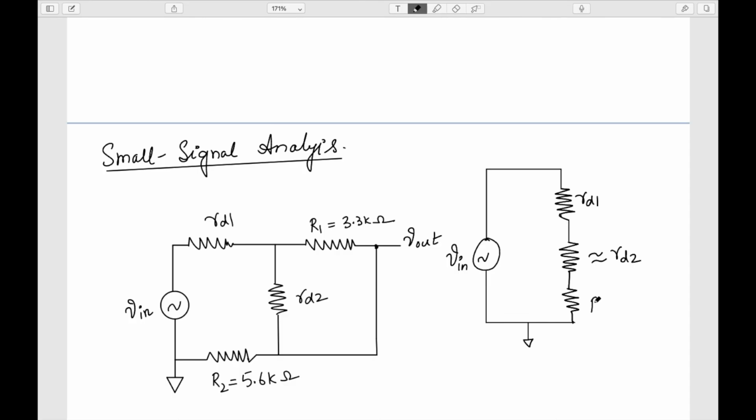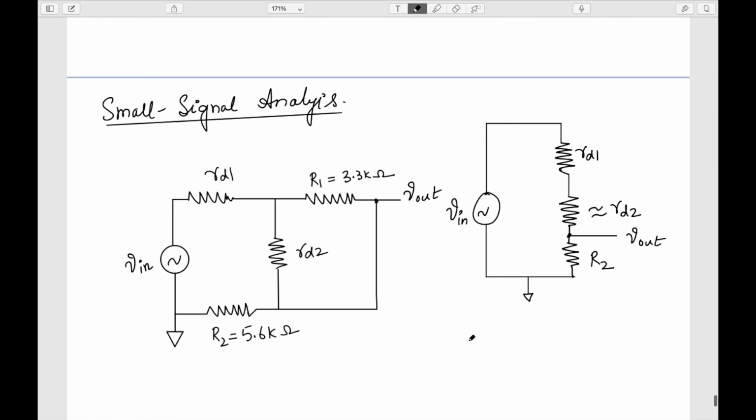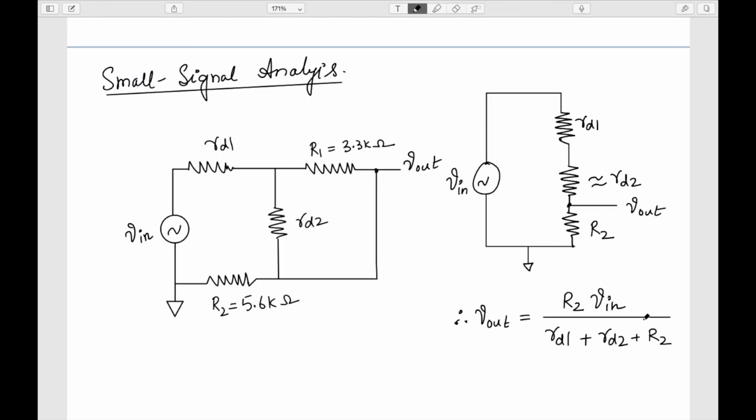And of course here we have this R2, and here I have my V out. So I can easily write, therefore, my V out is a simple voltage division, which is basically R2 into V in by RD1 plus RD2. So finally, this will be the expression of my V out, and I can find out the change in the V out by just substituting these values.